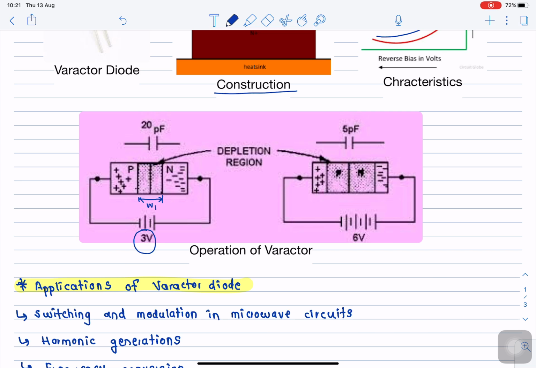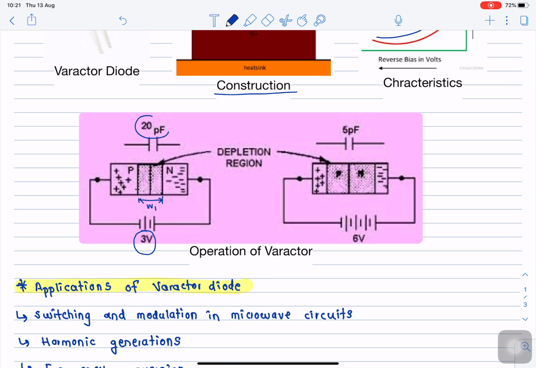So when the width of this junction is W1, the capacitance offered by this particular diode will be in the range of 20 picofarad approximately, right? So in the second figure, we'll increase this reverse bias to double the value. So now we increase this reverse bias voltage to 6 volts, which is double the earlier case. Now what will happen?